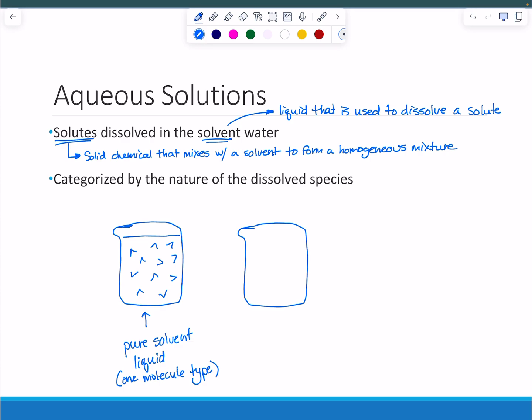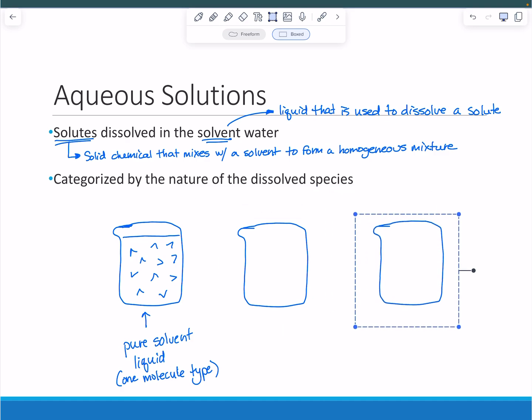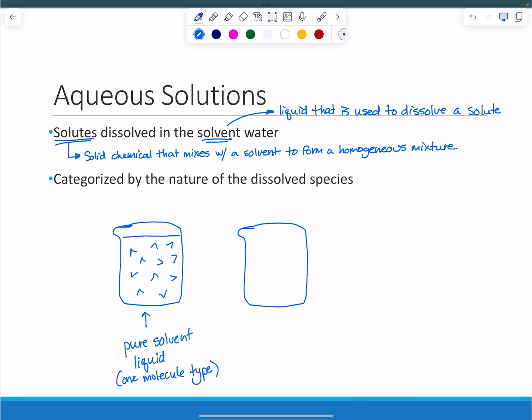All right, so what happens, and I'm going to draw a third beaker here. We could have a molecule that is going to mix well with our solvent. I will have my water molecules. So let's say I'm making Kool-Aid, and I have sugar in that Kool-Aid.